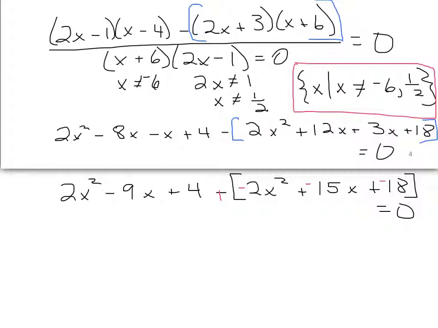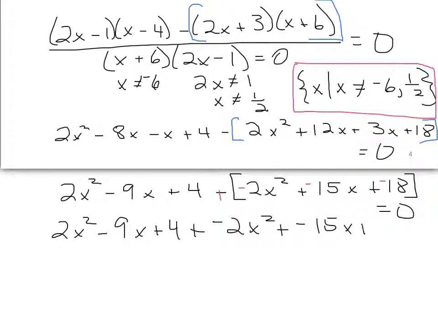So now we have 2x squared minus 9x plus 4 plus negative 2x squared plus negative 15x plus negative 18 equals 0. And we can combine like terms. 2x squared minus 2x squared is going to be 0.